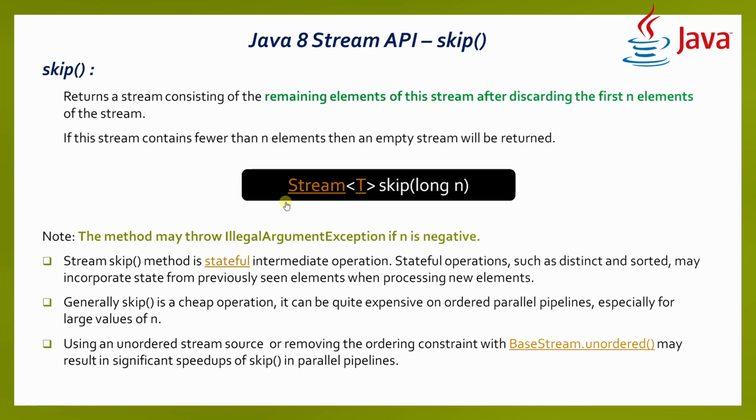If you give a negative number, it will throw an illegal argument exception. The long is always a positive number; negative numbers are not possible. Let's see one example.